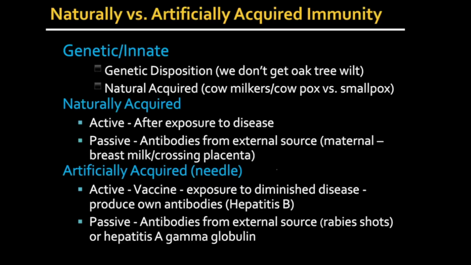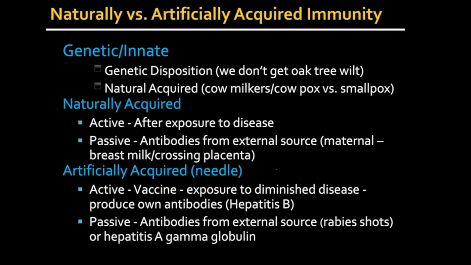Passive naturally acquired would be if you got antibodies from an external source, like maternal breast milk. So in early infancy, the baby got antibodies from mom via the breast milk, or the antibodies crossed the placenta to the fetus. So there is a maternal immunity.